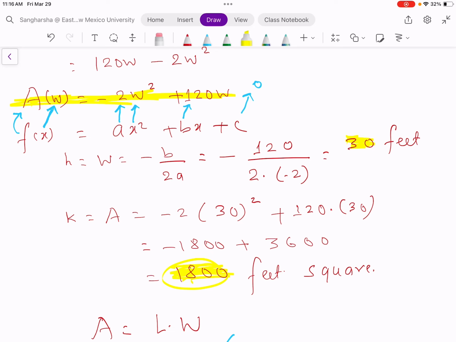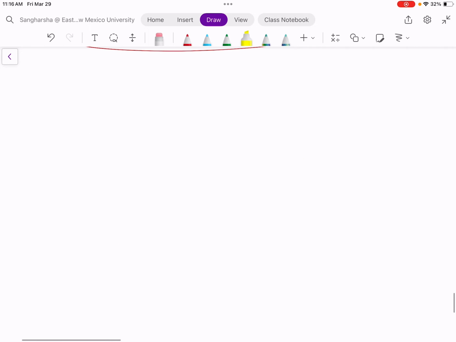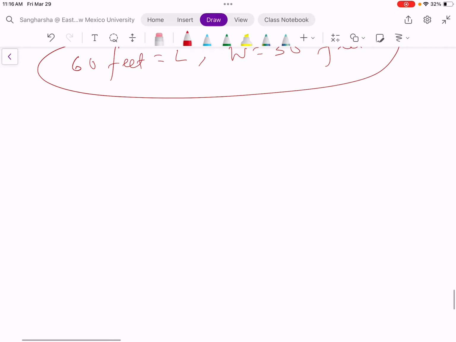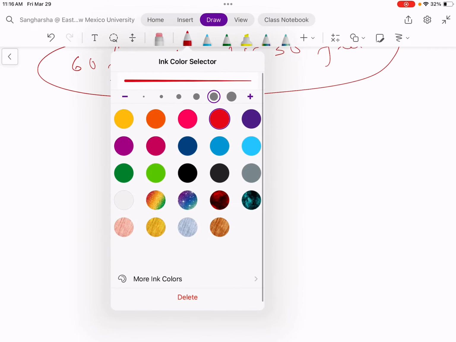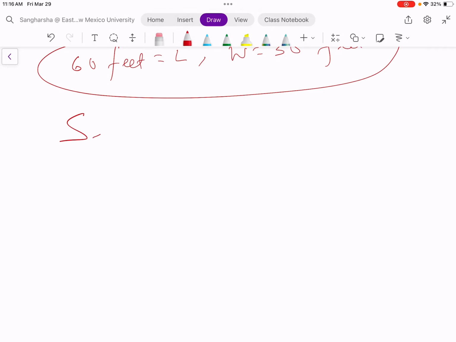Okay, now let's go to our last section, section 3.6. In section 3.6, we talk about rational functions.